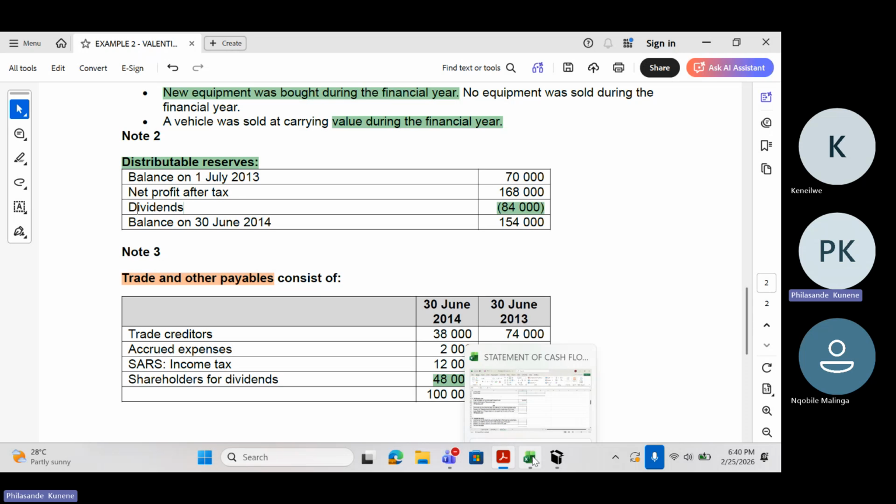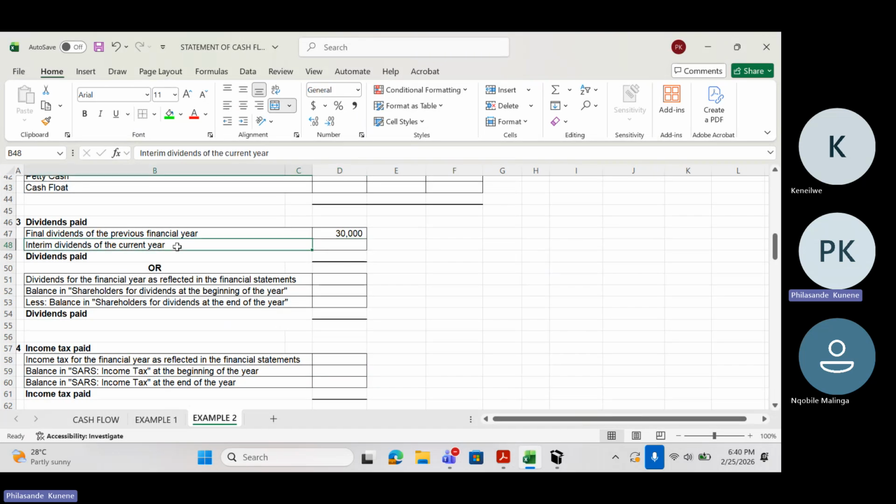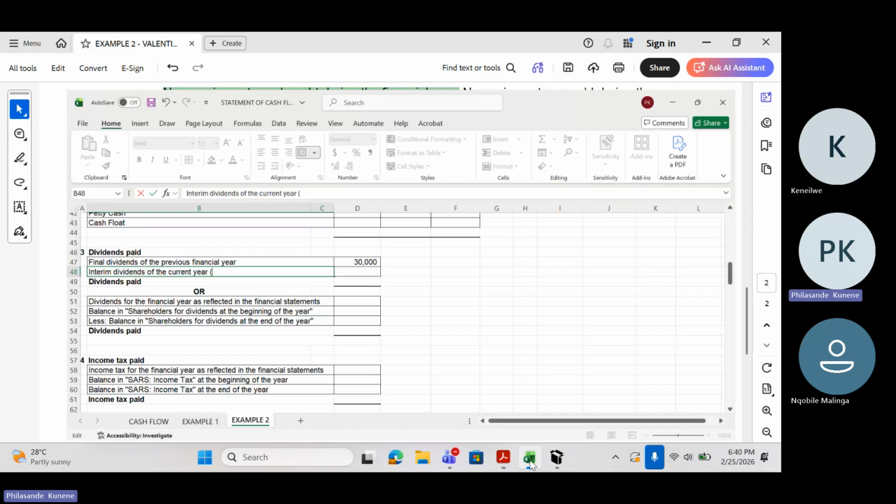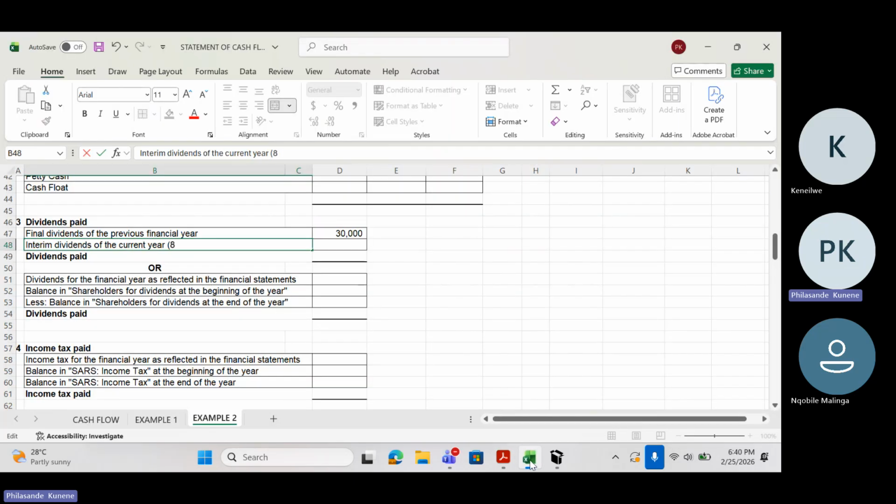So what am I going to do here? I need to do some sort of workings: 84,000 minus 48,000 rands, and then we're getting 36,000.